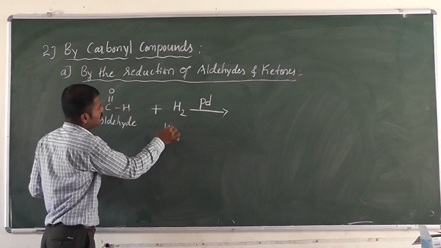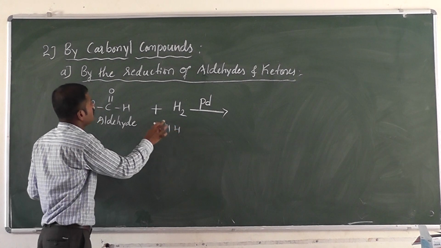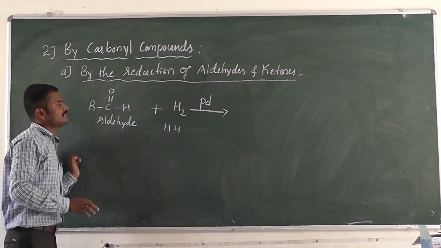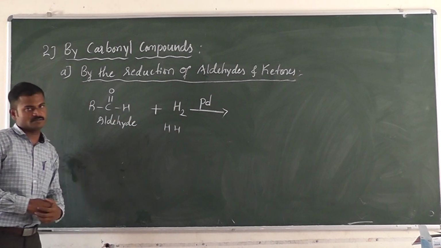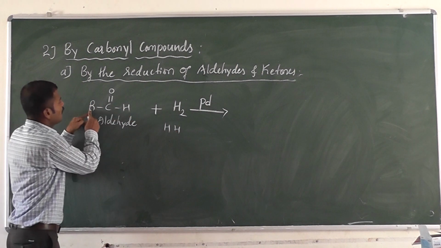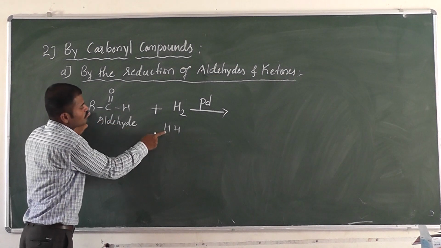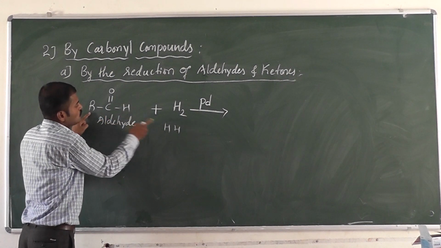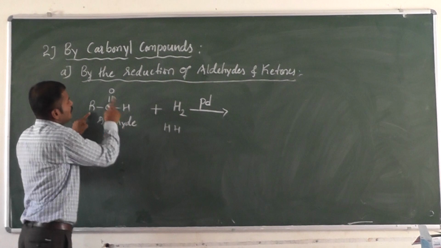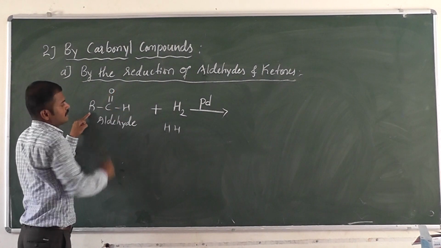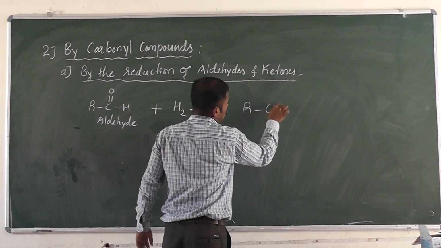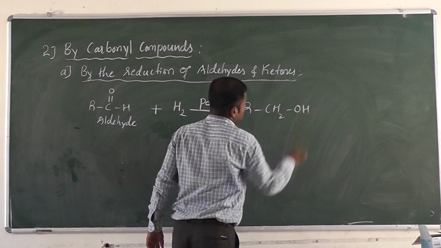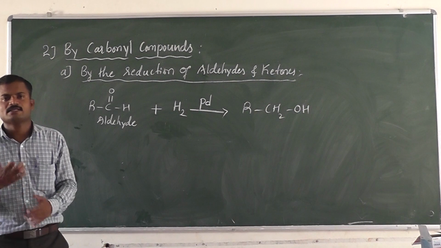Out of these two hydrogens, one hydrogen attaches to the oxygen, and the remaining hydrogen combines with the carbon's hydrogen. So R, CH along with one more hydrogen gives CH2. It becomes RCH2OH.